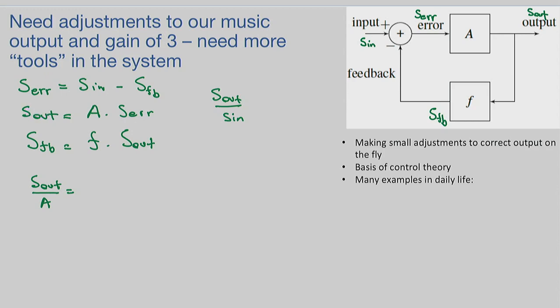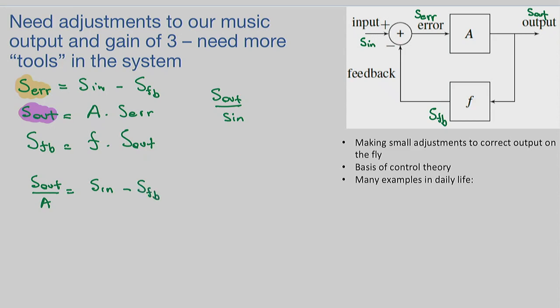I'm writing here signal out from this equation over A, and that is equal to signal error. But I also know that signal error is signal in minus signal feedback. So I'm going to combine these two equations, do some substitution to give me an equation that has signal in and signal out in the same equation.